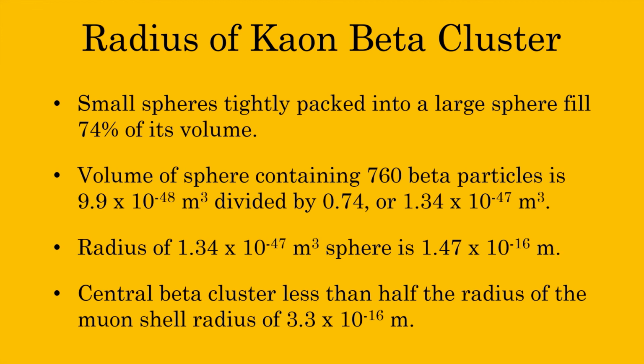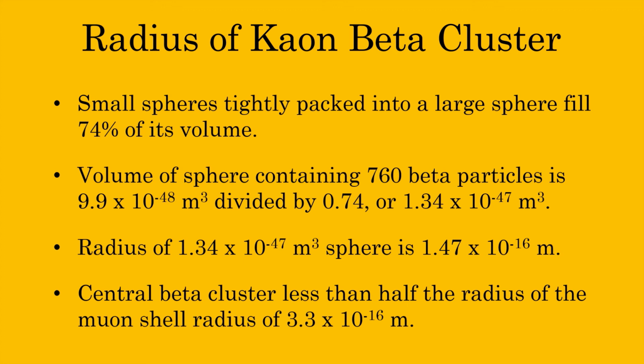When tightly packing large numbers of smaller spheres in a large sphere, the smaller spheres fill about 74% of the larger sphere's volume. Therefore, a spherical cluster of 380 beta electron-positron pairs fits in a sphere of volume 1.34 times 10 to the minus 47 meters cubed.